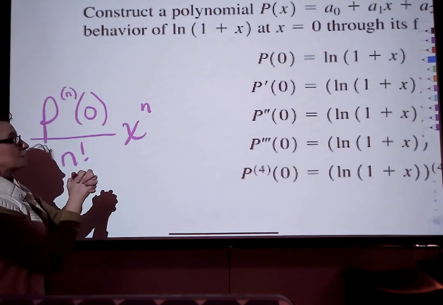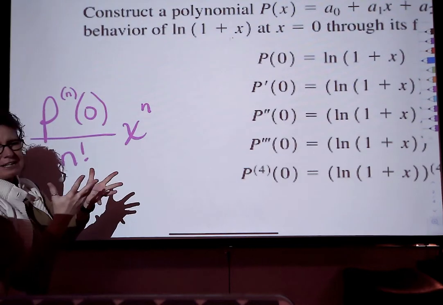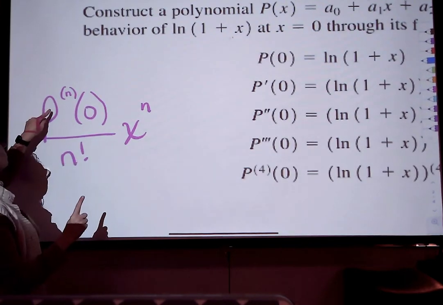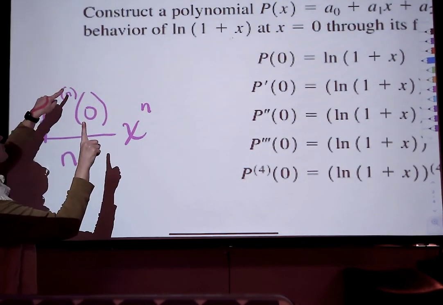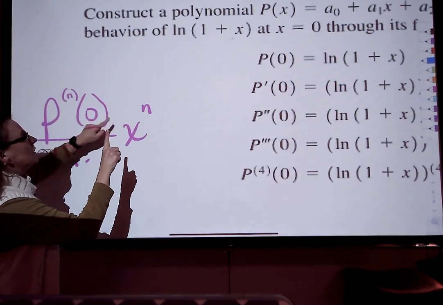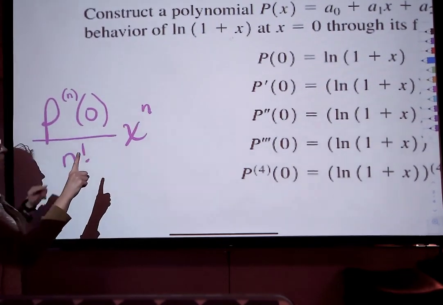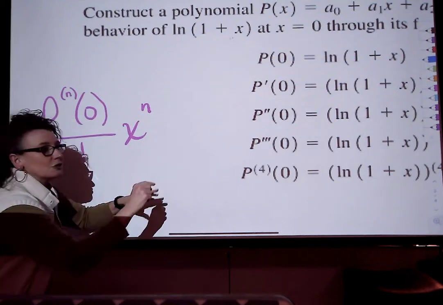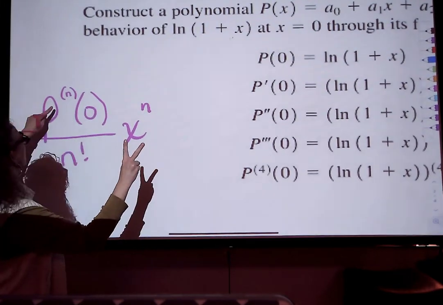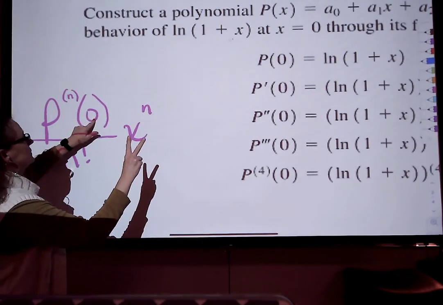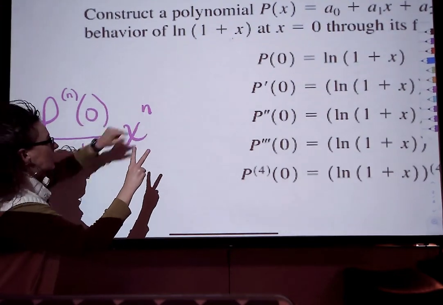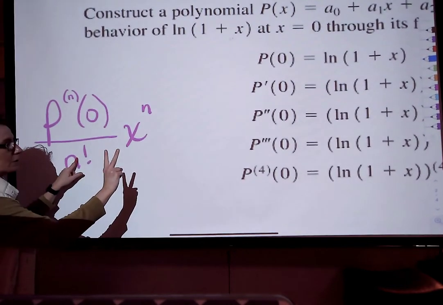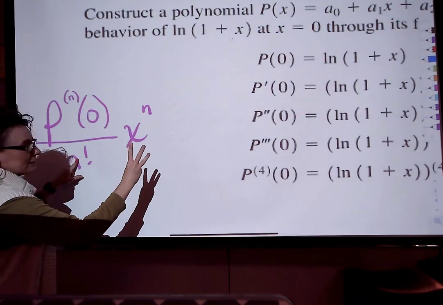So this works for, I'm going to do an easy one, like the first derivative. N is 1. The first derivative, sub in 0, x to the first power, 1 factorial. What's your next term? Well, your next term is the value of your second derivative, sub in 0, x squared over 2 factorial. What's your next term? And so on.